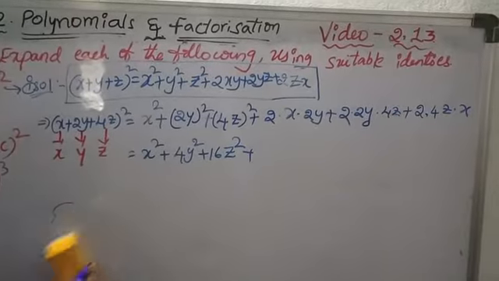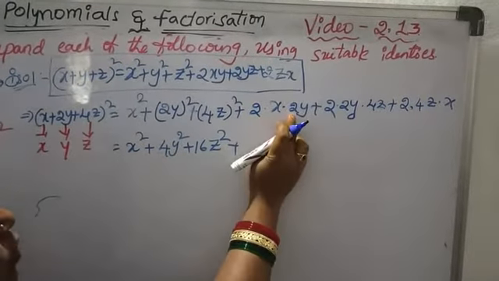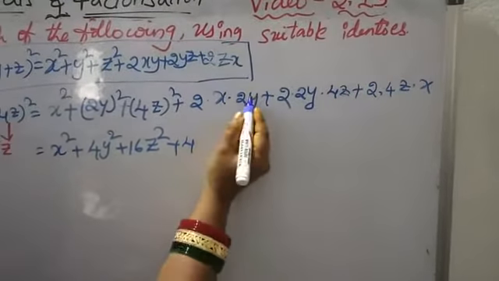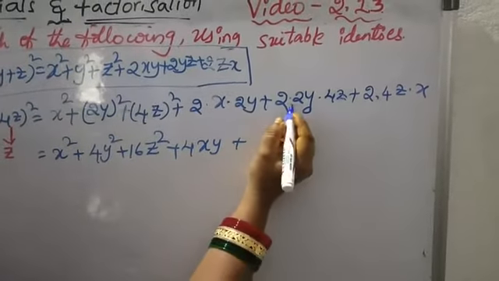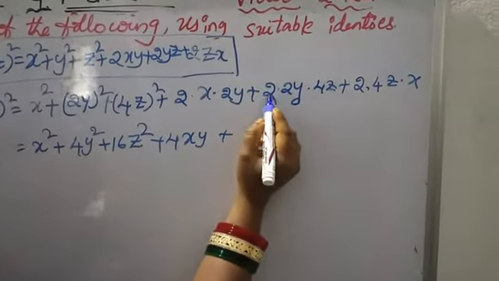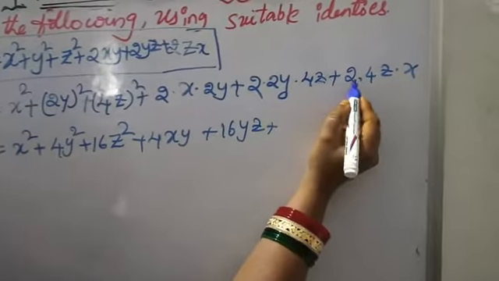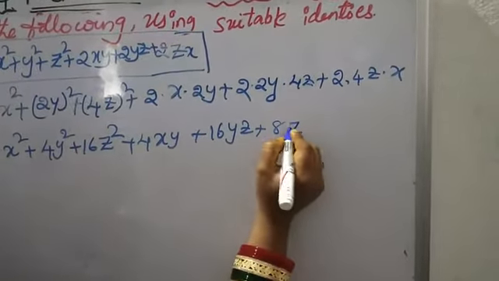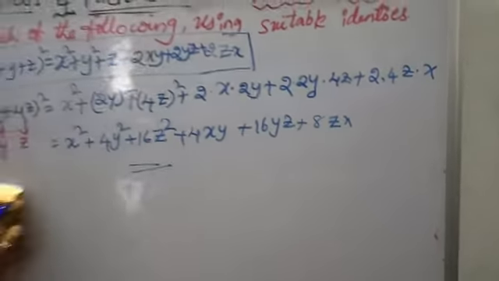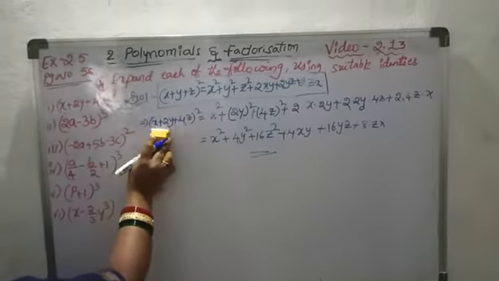Plus here the numbers are 2 and 2, 2 into 2, 2 2s are 4, x into y, xy. Plus here the numbers are 2 into 2 into 4, 2 2s are 4, 4 4s are 16, yz. Plus 2 4s are 8, zx. So this is the final answer of x plus 2y plus 4z whole square.